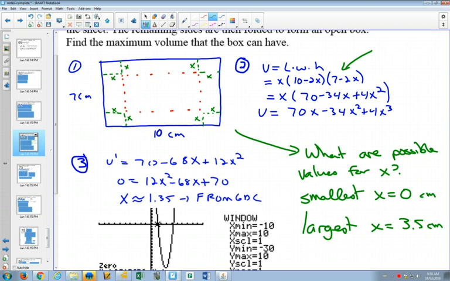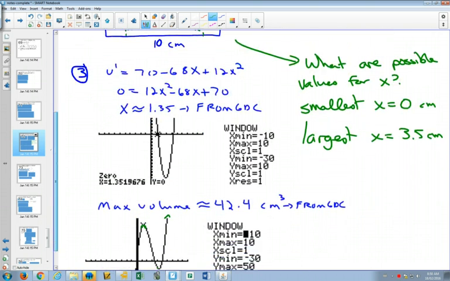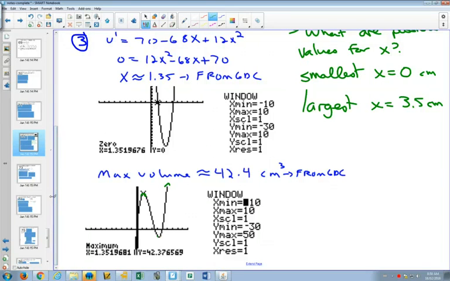So when we look back at our graph here, here we have x equals 0. And here we have x equals 3.5. And in fact, the only domain that makes sense is this section of our graph. Because after that, we're not actually getting volumes that make sense.